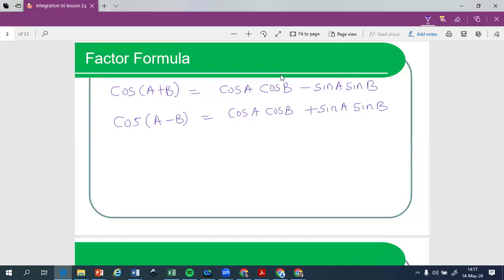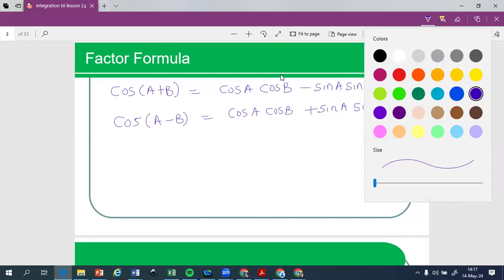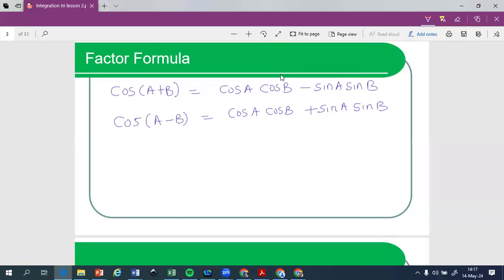Now, members, we are going to build from here. We are going to find out when we add these two, what do we obtain? So when I add, I'll have cos(A + B) plus cos(A - B).